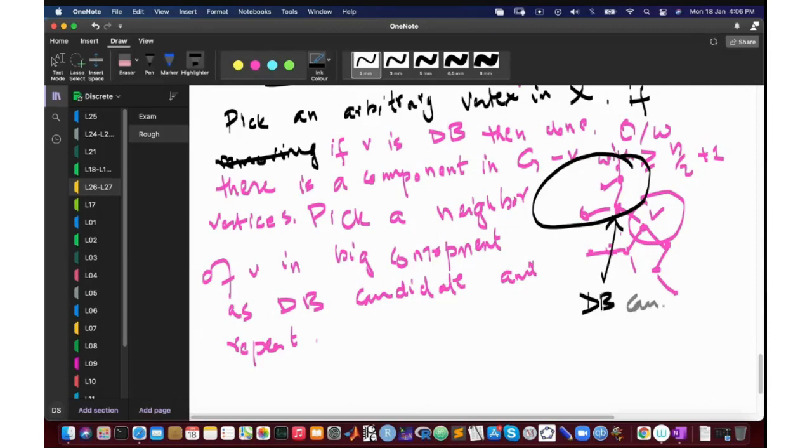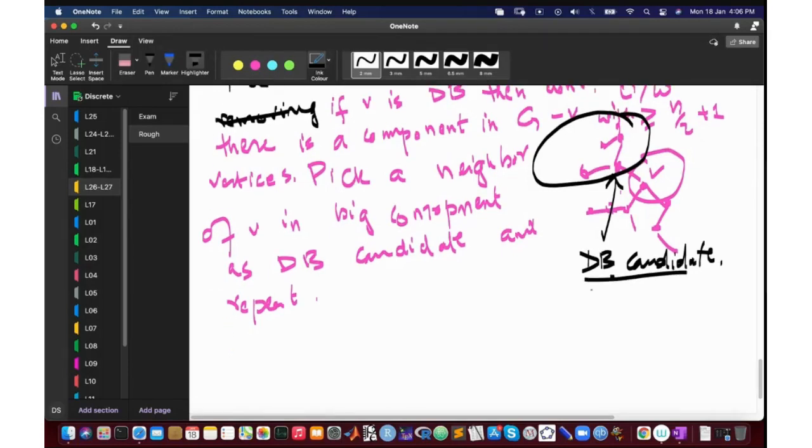What we are trying to make sure is that we walk away from V, so that if I remove this new candidate vertex, let's call it V bar, then among the components created, one will be the component containing V.